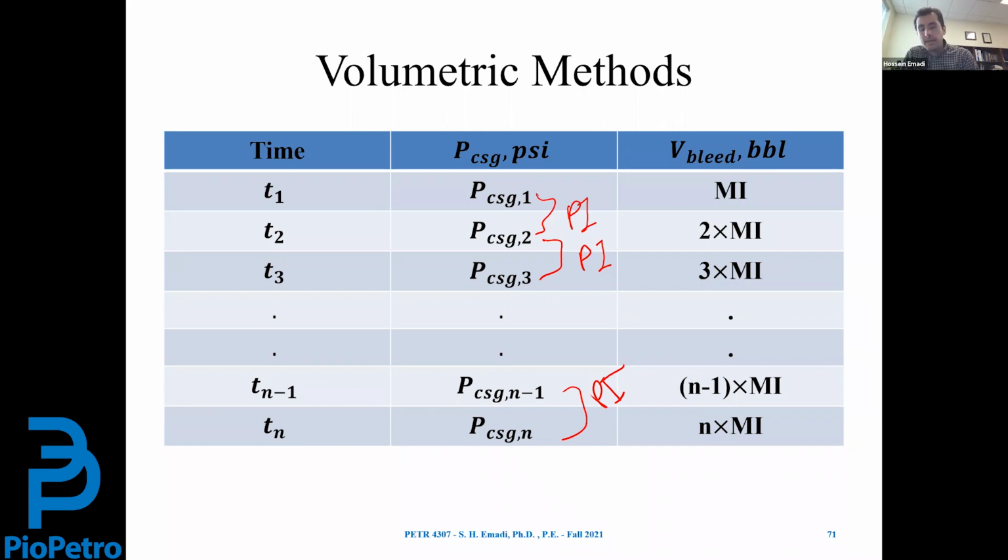If you have a loss after having a kick, first of all, it's highly unlikely to have a kick and loss, because when a kick happens, if we were overbalanced before the kick, we should notice the lost circulation and take care of that.